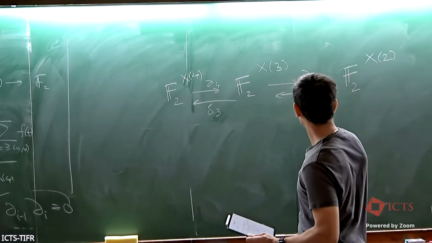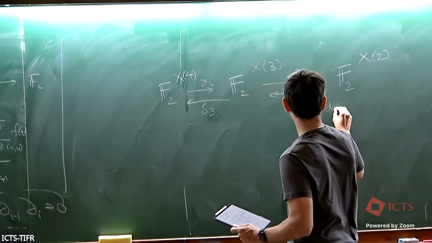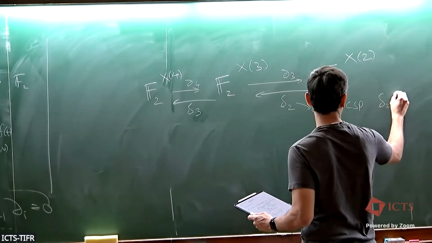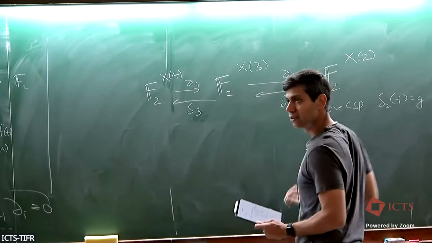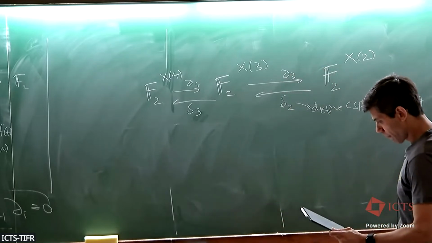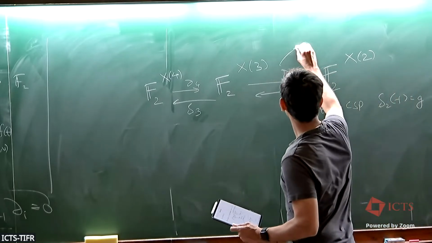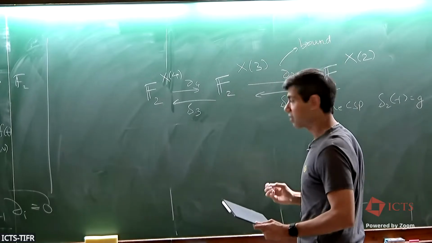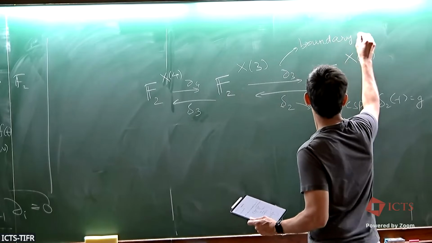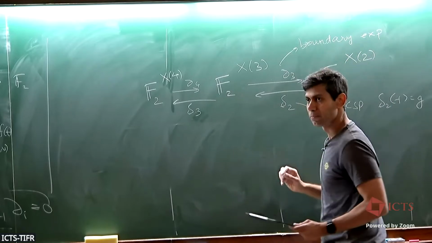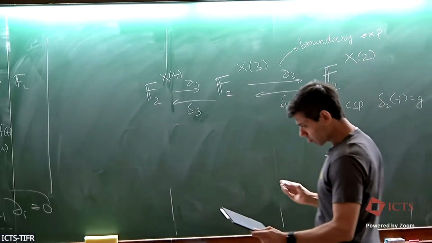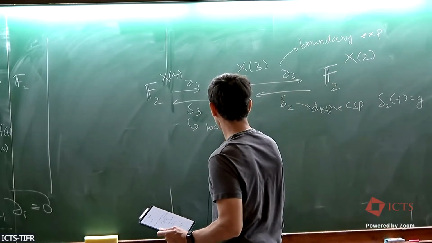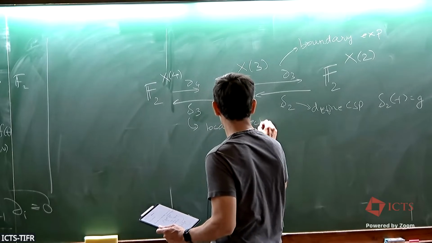Now this was used to define the CSP. We said delta 2 of f is equal to g. This is what we need boundary expansion for, to say that when you add a lot of triangles, you get a lot of edges. And this was used to do some local checks, that if you add things in a tetrahedron, things should be 0.